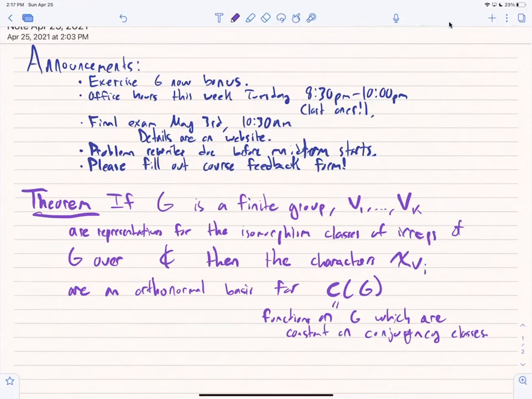You could think of that as just being a function on the set of conjugacy classes, or you can think of it as being a G-invariant element of C[G], the regular representation. There are different ways you can think of this, but just to avoid confusion, I want to have some specific notation for this.